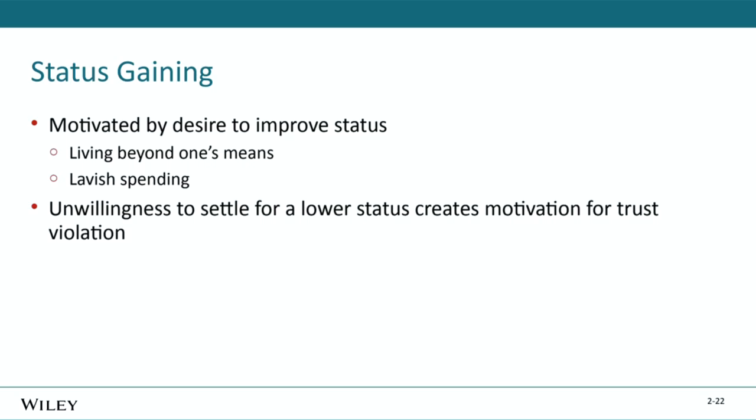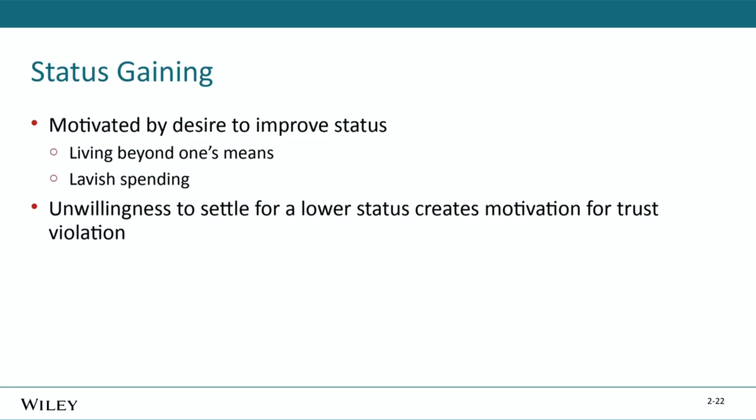Status gaining. Now, this is a little different than these others. Those are things where people are in bad situations and they're afraid to lose their status. On the other hand, these are people who want to commit the fraud in order to raise or gain status. They're living beyond their means, or they're having lavish spending.